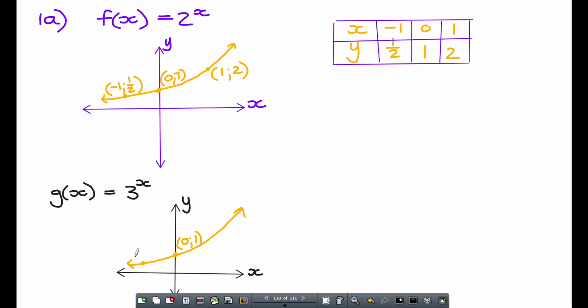As x minus 1 is, dan gaan dit wees 3 tot die mag minus 1, so a third. If x is positive 1, it would have been 3 to the power of positive 1, met ander woorde 3.